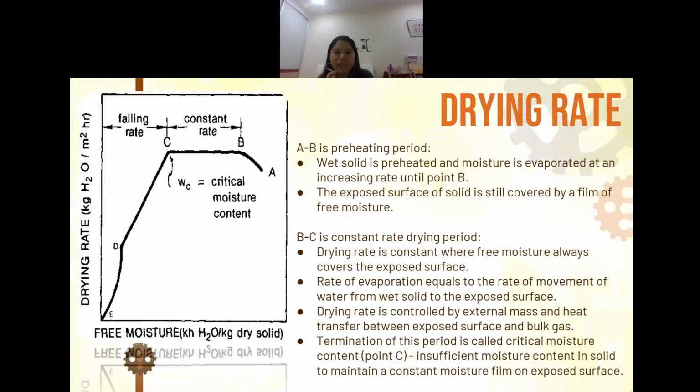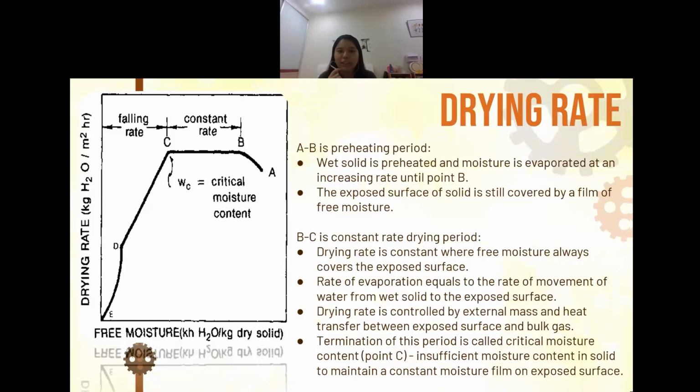Point B represents the equilibrium temperature condition of the product surface, and section BC is the constant rate period, representing the removal of unbound water from the product. The water acts as if the solid is not present. The surface of the product is very wet and the water activity is equal to 1.